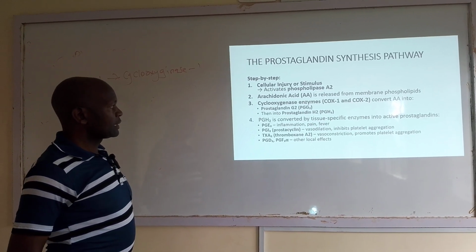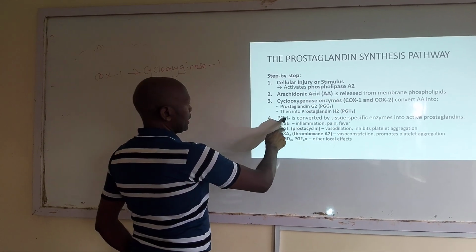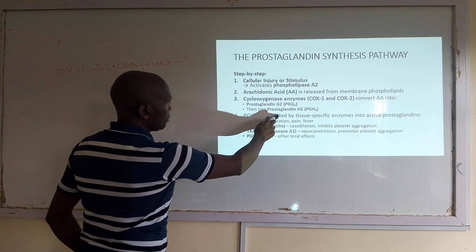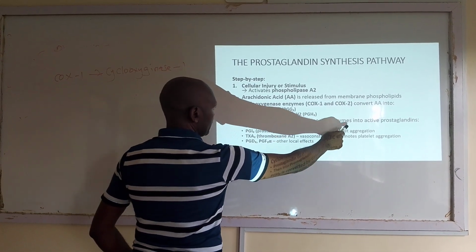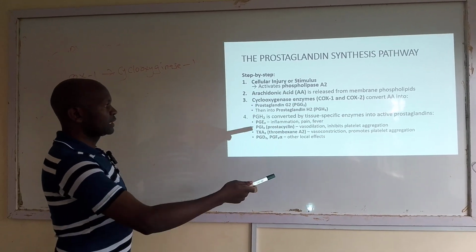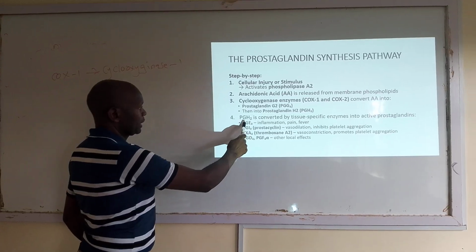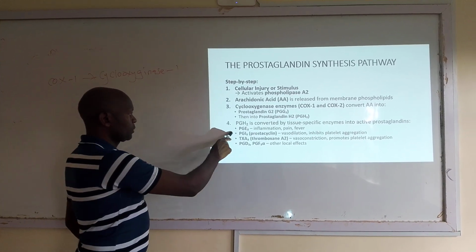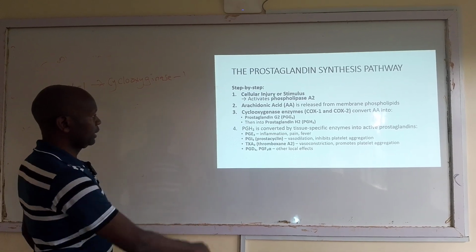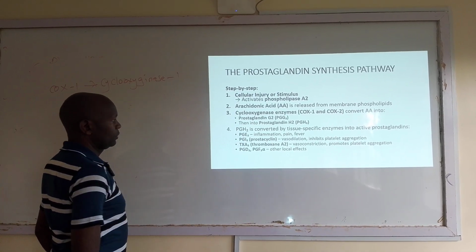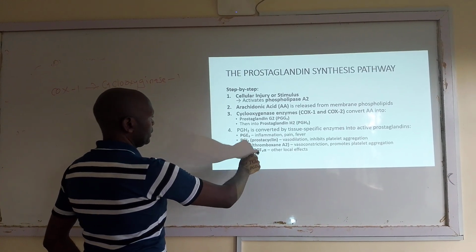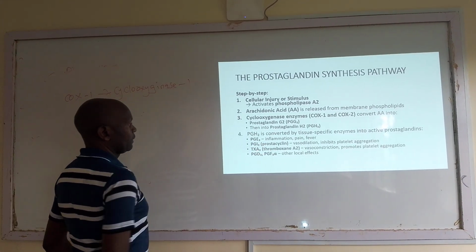PGH2, that is prostaglandin H2, is converted by tissue-specific enzymes into active prostaglandins. The active ones are prostaglandin E2, prostacyclin, thromboxane A2, prostaglandin D2, and prostaglandin F2 alpha.